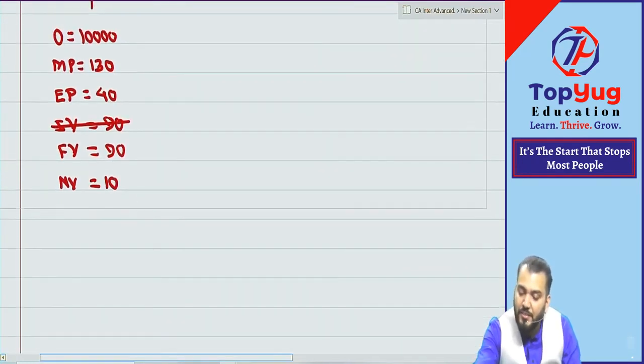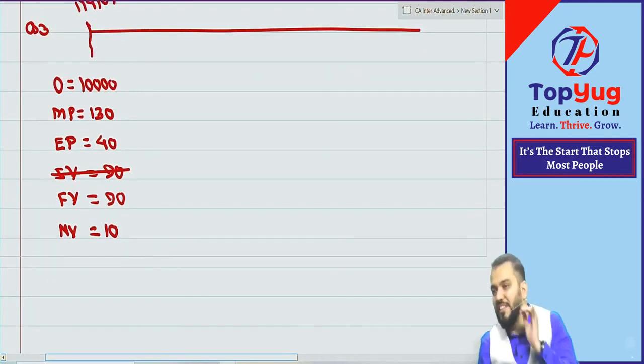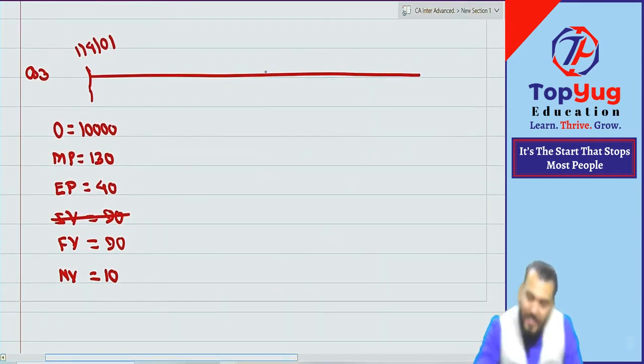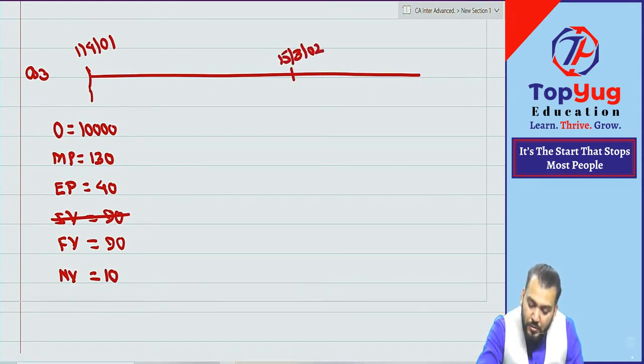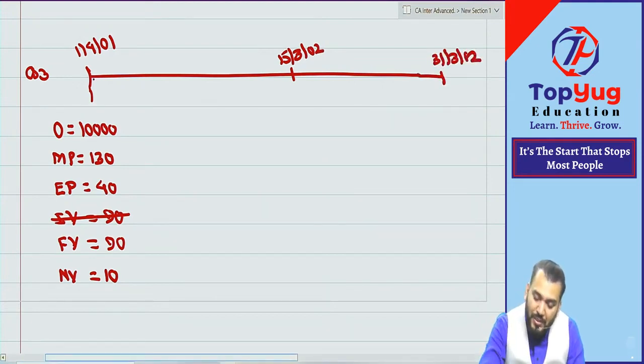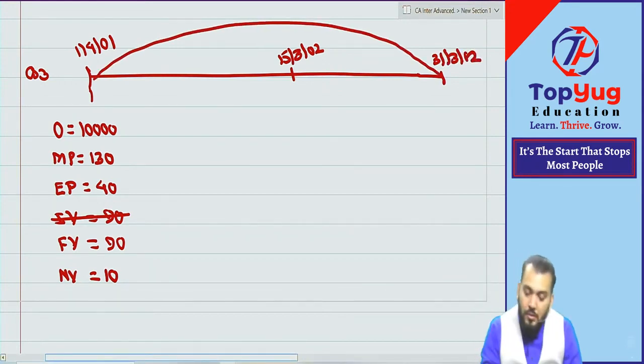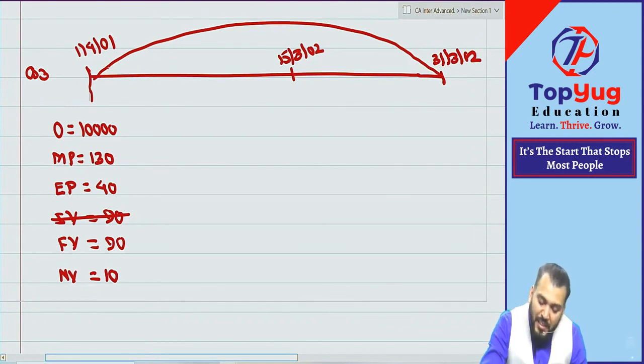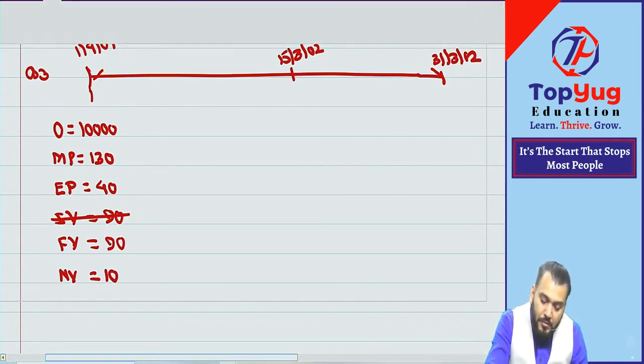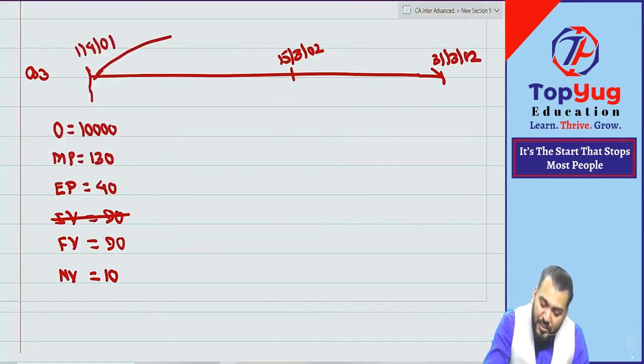It is given in the first sentence, of rupees 10 each. Correct. What is the exercise period starting from 15 March 2002 till what? 31st March 2002. So you can see this is 1 year. And one thing is clear that up to this is vesting period and this is exercise period.